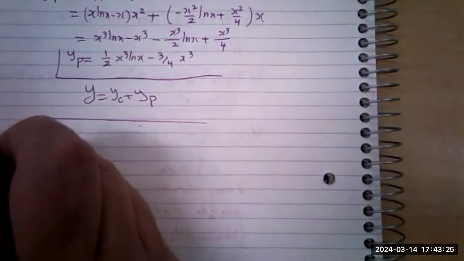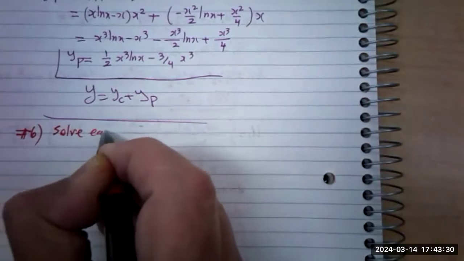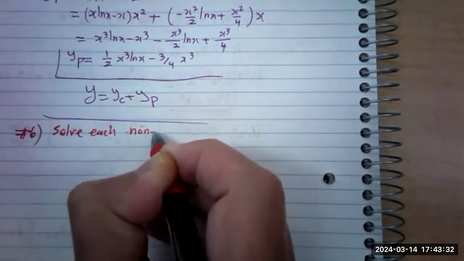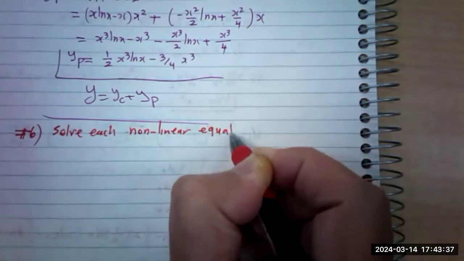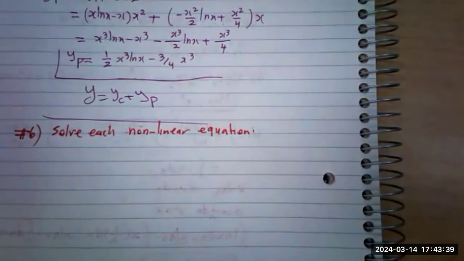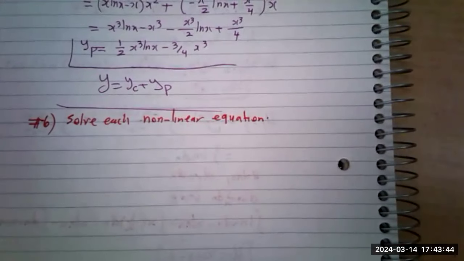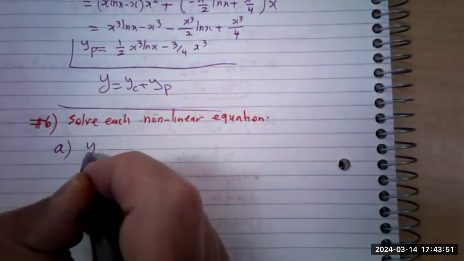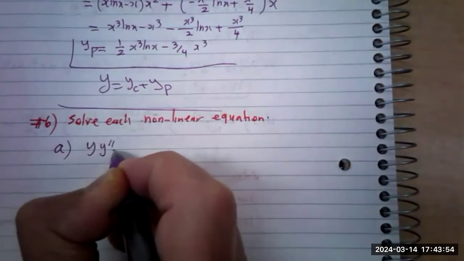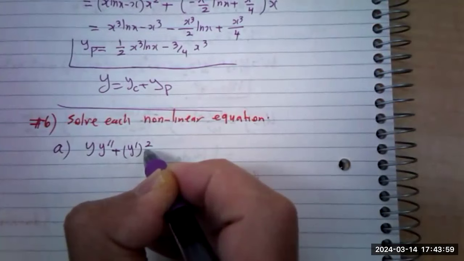So number 6, solving nonlinear equations. We solve each nonlinear equation. Two cases. One from these two to explain. So part 1 is y double prime plus y prime squared equal to 0.